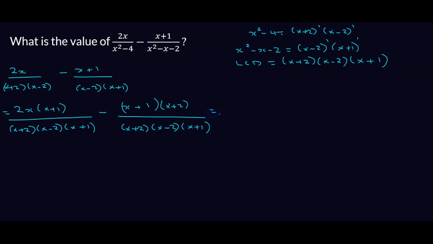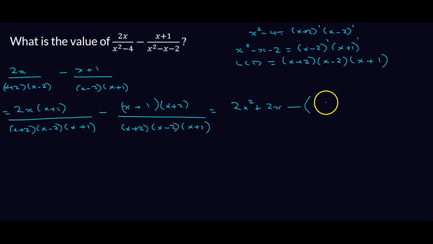So now we'll go through the process of simplifying. We have 2x squared, which is from here, and then we have plus 2x, and then I'm going to put a minus here and open a parenthesis and simplify these. This is going to give us a quadratic.